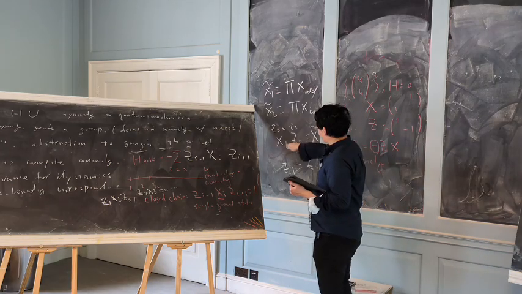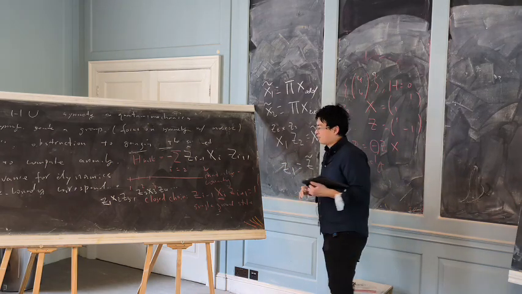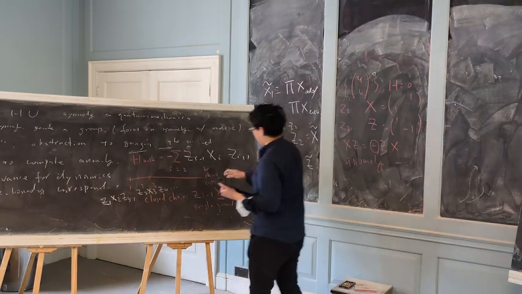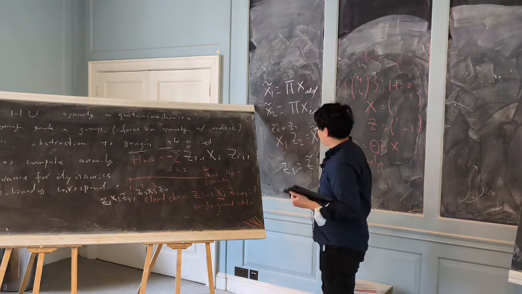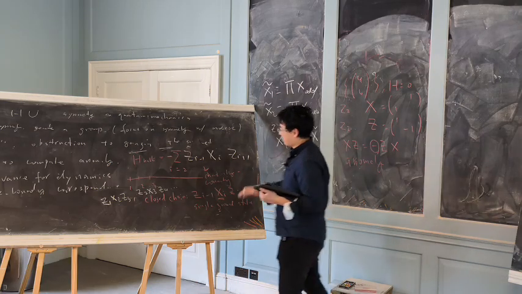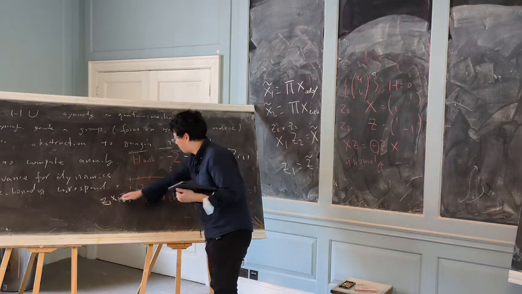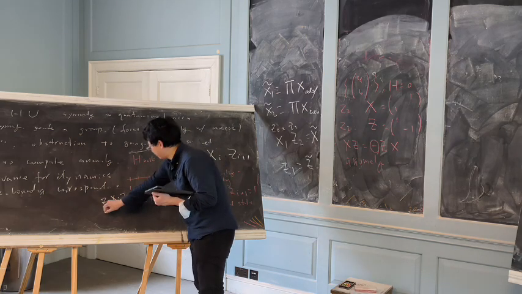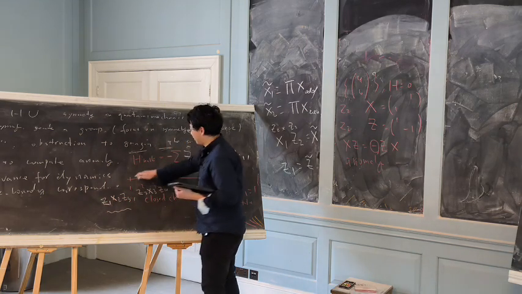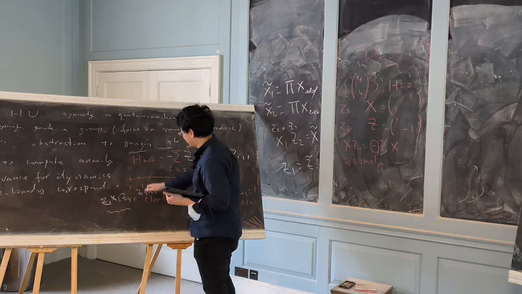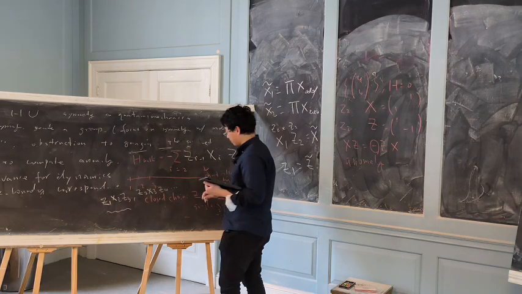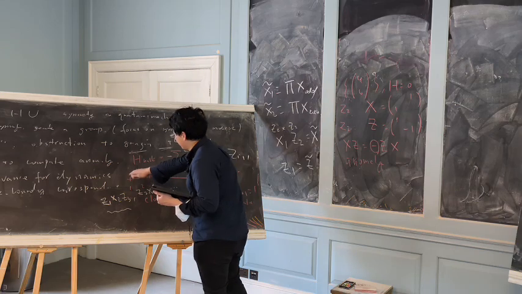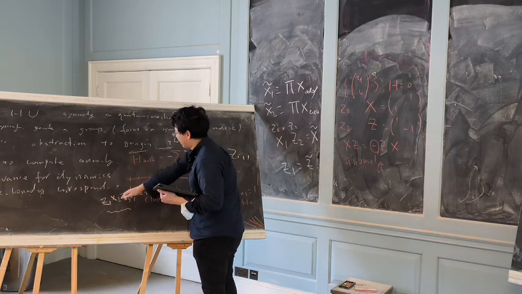We can check that those two operators are indeed symmetries of this Hamiltonian on the semi-infinite chain. For example, the only place where you can have an operator that involves the first site is the first term. The terms start from z1, x2, z3, z2, x3, z4, etc. So the only thing that involves the first site, namely this boundary site, is the first term.